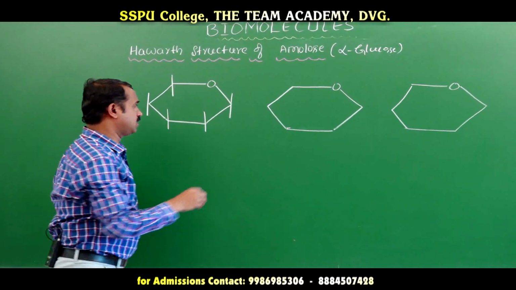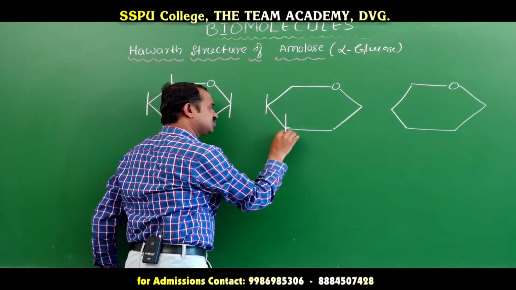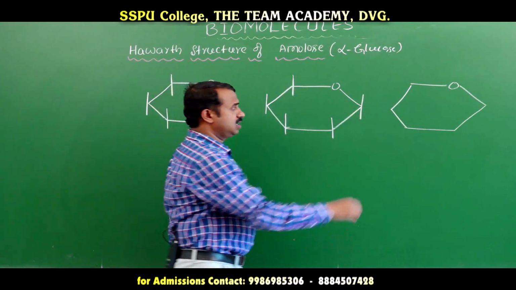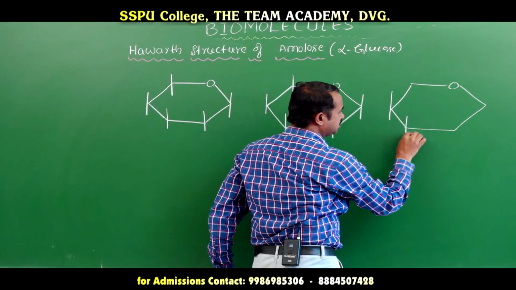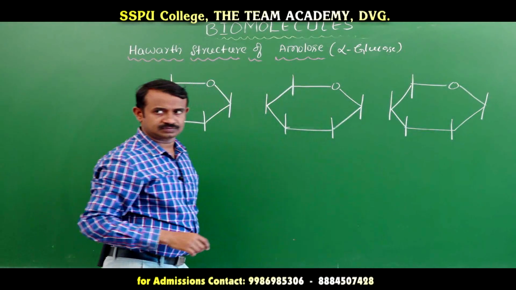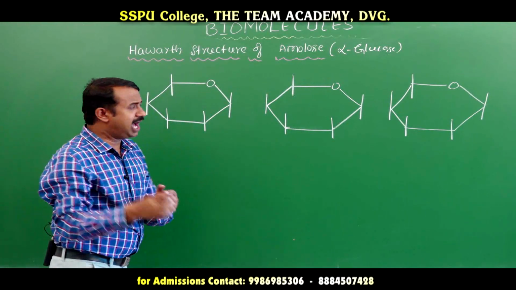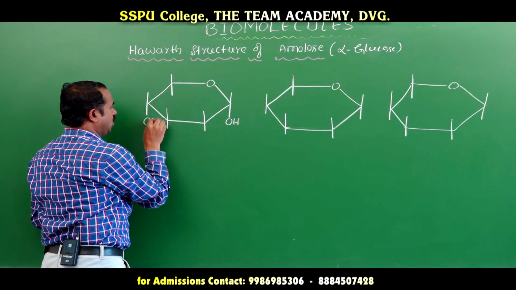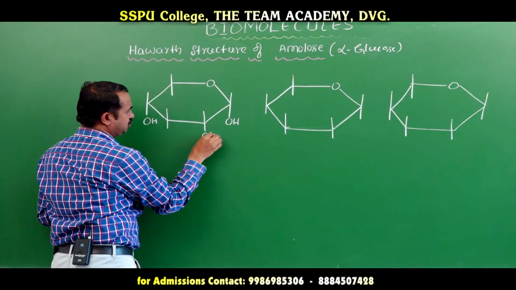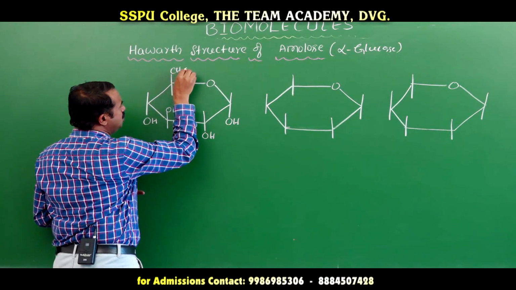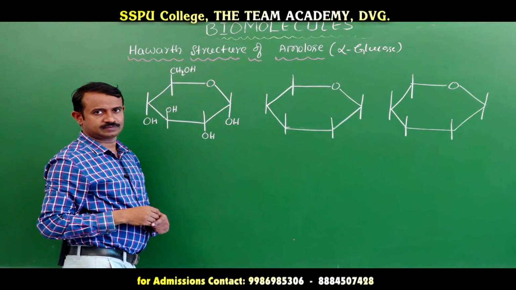C1 to C4 carbon, same here also C1 to C4 carbon, and here also C1 to C4 carbon atom. You know well the alpha glucose structure: OH, OH, OH, OH, CH2OH.